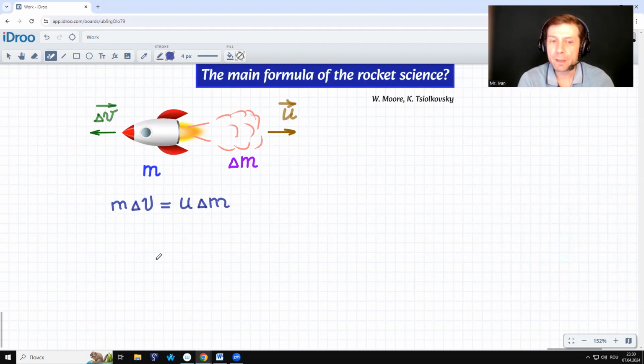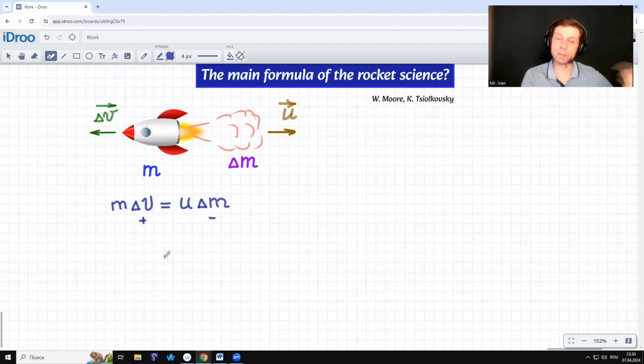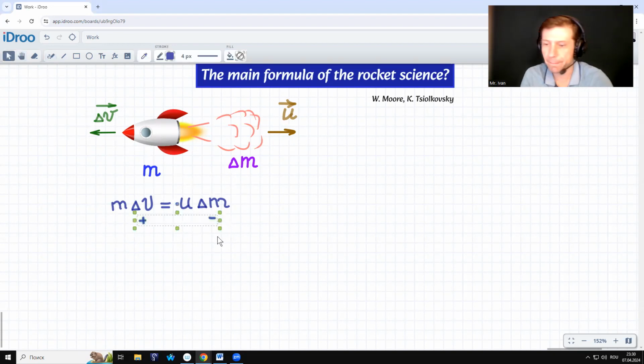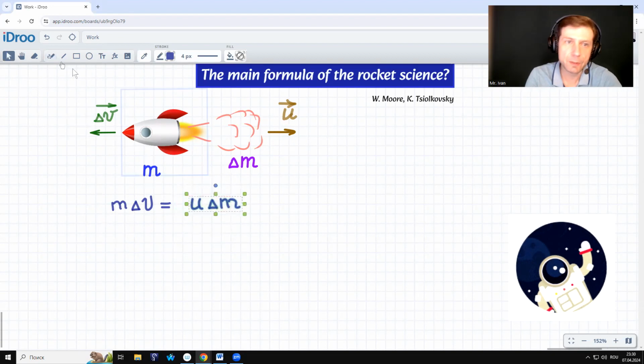That's why velocity increases, the left-hand side of the equation, it's plus, but the mass of the rocket decreases, so this delta m, if we think of it as the mass of the rocket, it's minus. So to make this equation true, using delta m as the decrease of the mass of the rocket, we should slightly adjust it. So u times delta m should be negative.